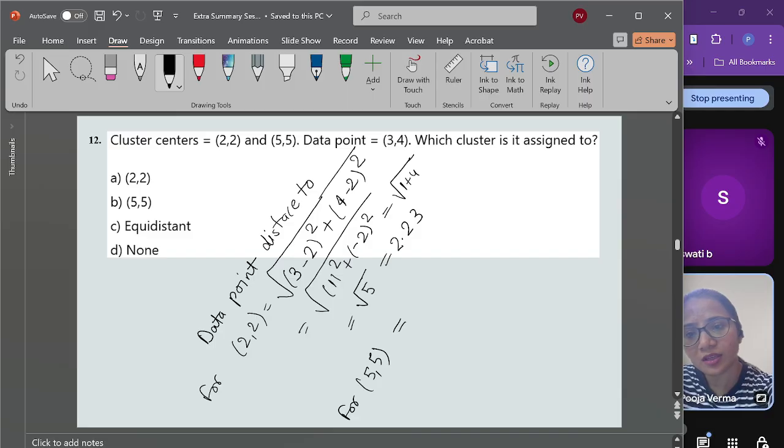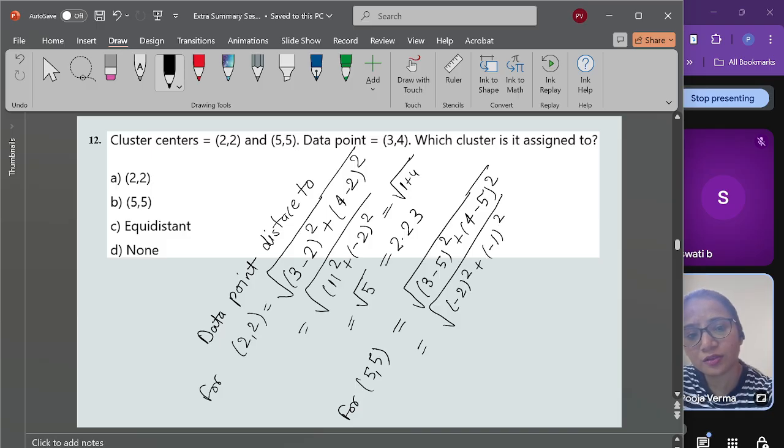Similarly, we have to calculate the distance from the cluster center 5, 5. So root of (3 minus 5) square plus (4 minus 5) square, right? So minus 2 square plus minus 1 square.